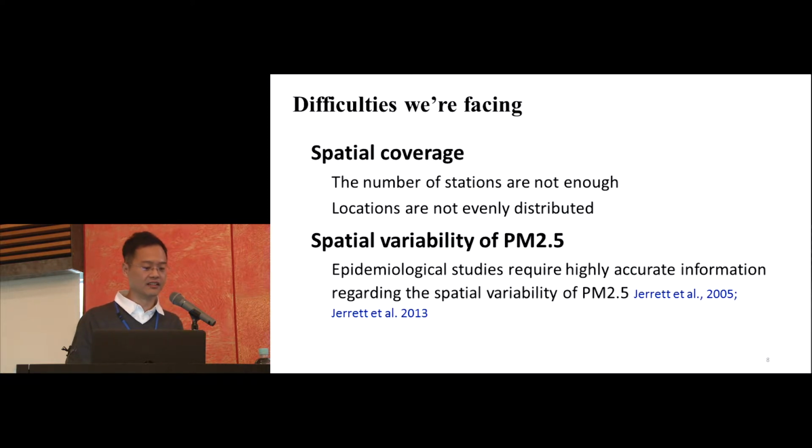And next, PM2.5 has a feature of spatial variability. So right now, epidemiological study requires highly accurate information regarding spatial variability of PM2.5. If we don't have enough spatial coverage of monitoring stations, this might be a potential problem.